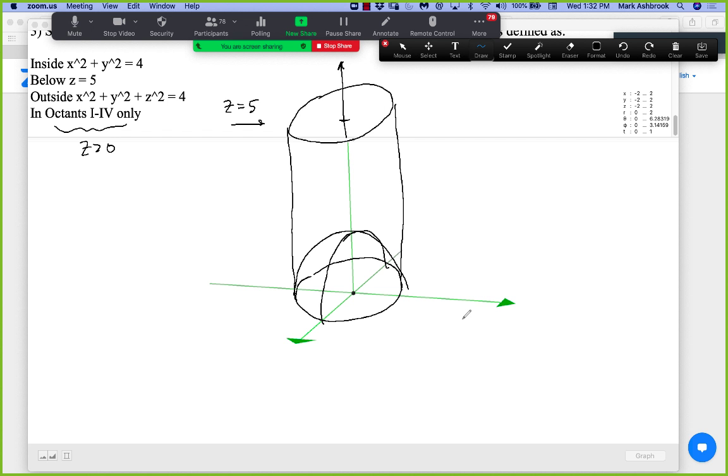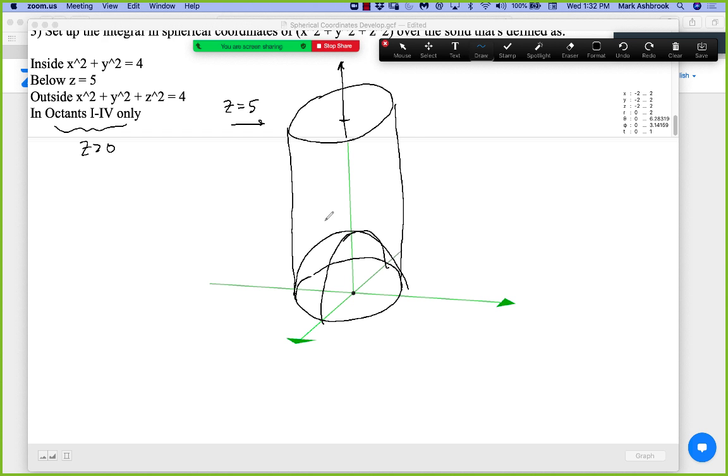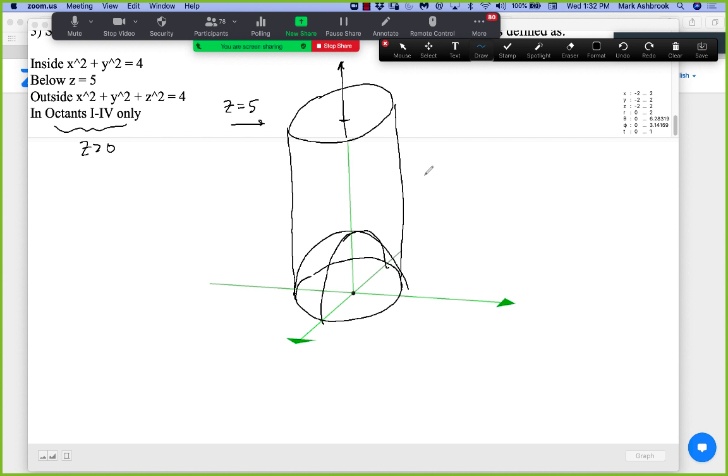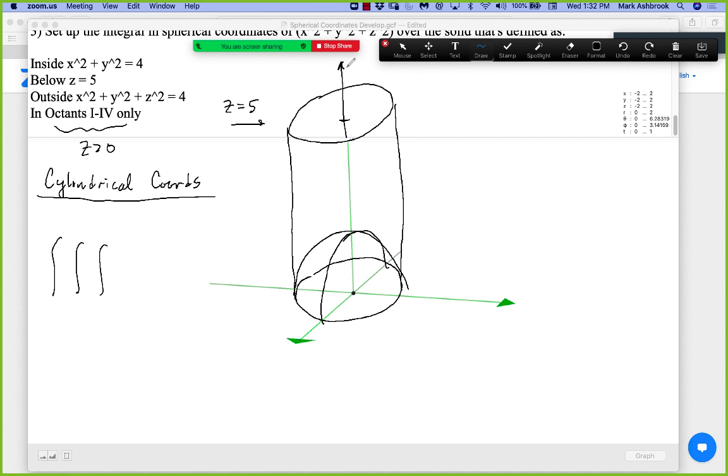Okay, so what do we think? Is this going to be more suited to cylindrical coordinates or spherical coordinates? Cylindrical. Definitely cylindrical. Let's do it first. What is x squared plus y squared plus z squared in cylindrical coordinates?